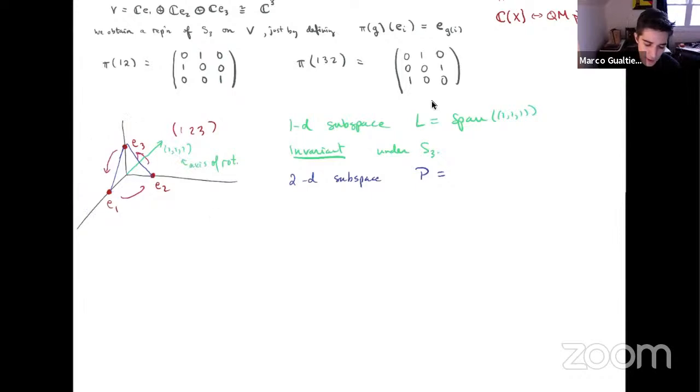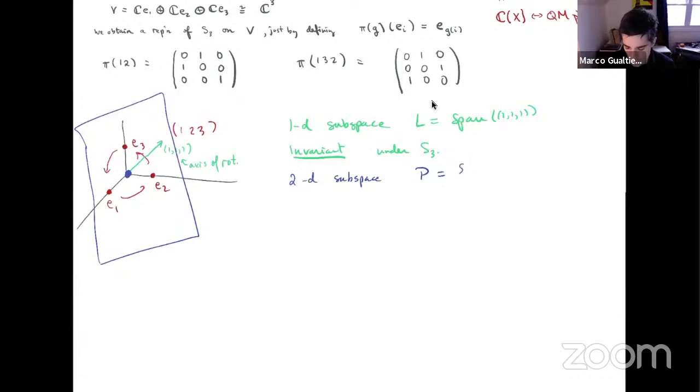I mean, it's parallel to those 3 points. So this is a plane which is intersecting the origin and which is orthogonal to the green line. So this is the set of, let's say, A E1 plus B E2 plus C E3, such that A plus B plus C equals 0.